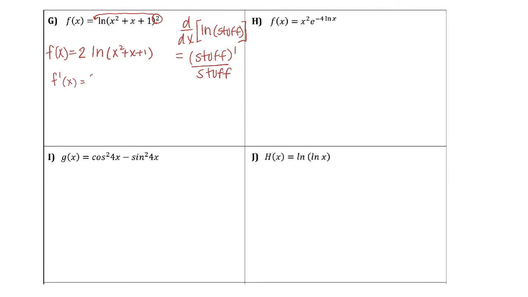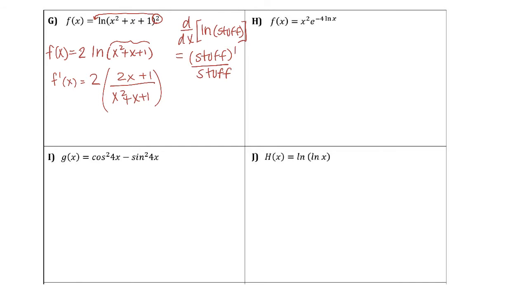So that 2 is just going to sit out there. And remember, all of this part of the angle, that is our stuff. So stuff prime, so we're going to have 2x plus 1 all over stuff again. So that's going to be our x squared plus x plus 1. And that's going to be it. So it does help moving that exponent down to the front.